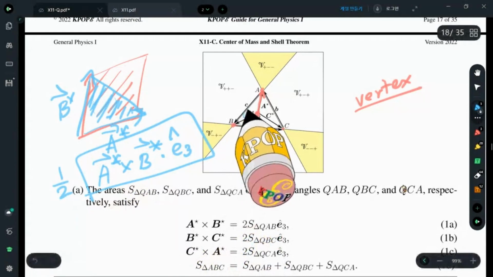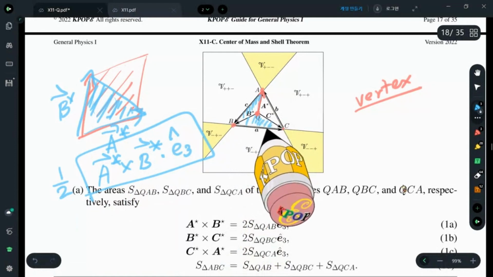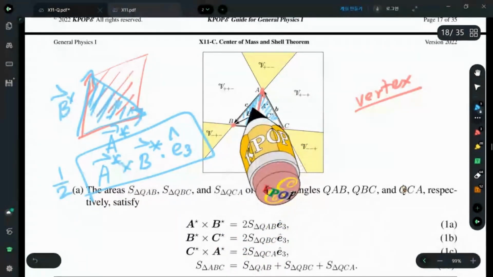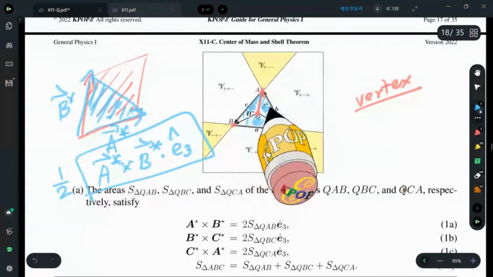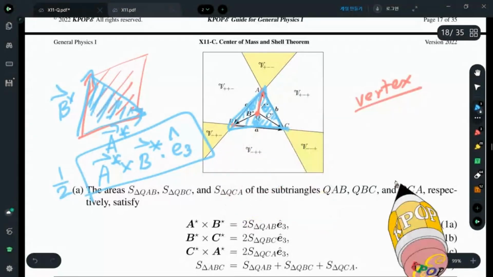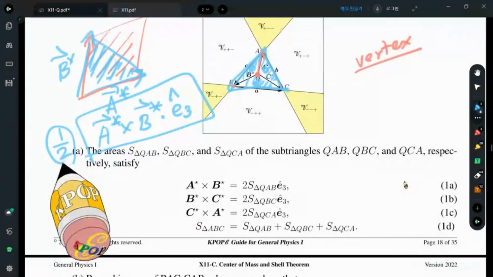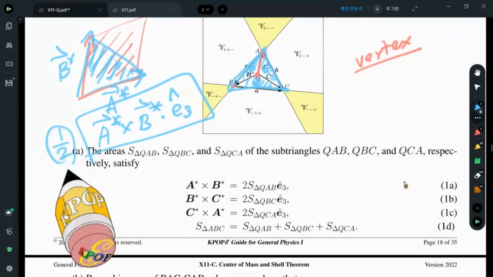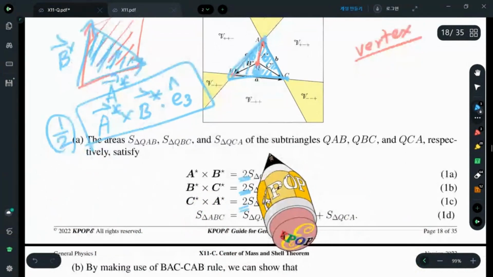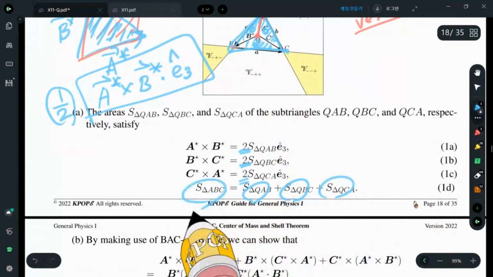So A cross B is in here, this area. B cross C, this area. C cross A, this area. Understood? What is the area of the sum of these three triangles? That is the whole triangle. Okay, so that's the reason we have the factor of 1/2 multiplied. The factor of 2 has migrated to the right hand side. So the sum of these small triangles is just the whole triangle.